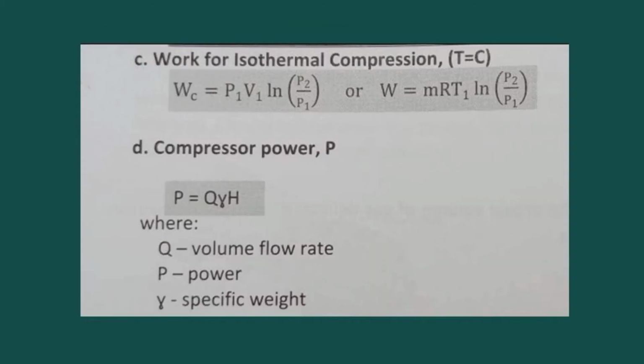The work for isothermal compression, or T is equal to C: work compression is equal to P1 times V1 times ln P2 over P1, or work is equal to mRT1 ln P2 over P1.